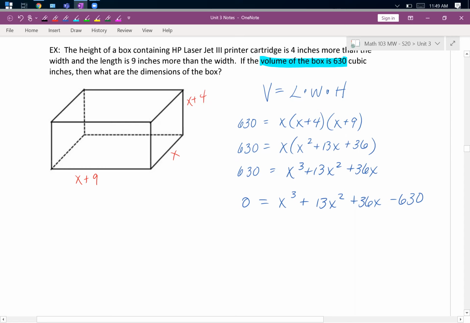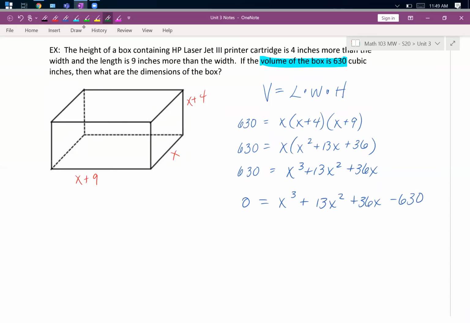I absolutely do not want to do every single possible rational zero. I mean, look at that constant, 630. There are so many factors of 630. I'm not trying to list out all of them. So what I'm going to do is list out some and then try those. And if those don't work, then I'll list some more and try those ones and so on.